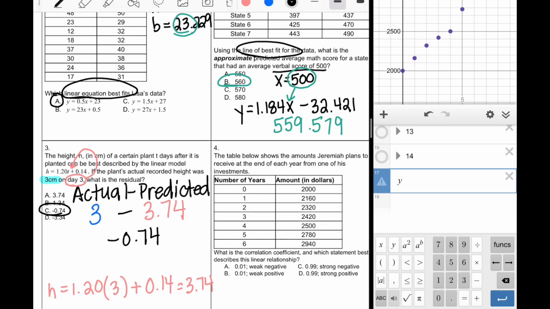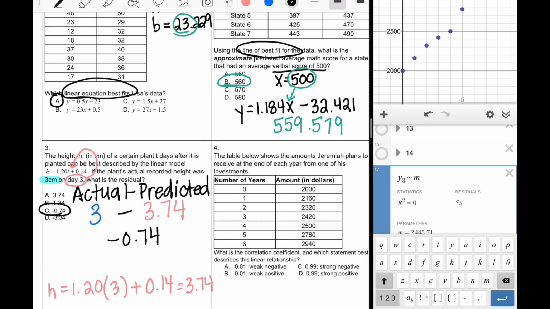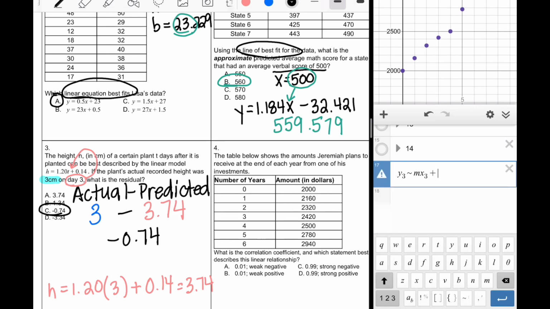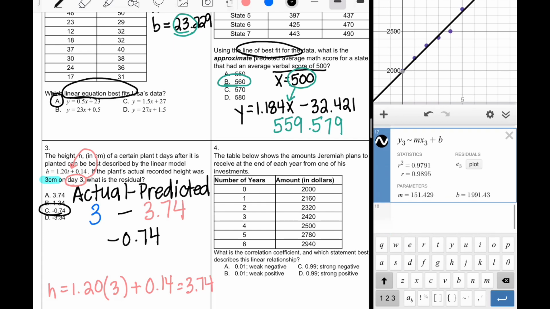Now remember, I have to do Y3s and X3s because that's the way the table was labeled. So Y3 squiggle MX3 plus B. Again, you'll probably just use the ones, but for our purposes of not having to put the tables in multiple times, I'm going to use the different labels.